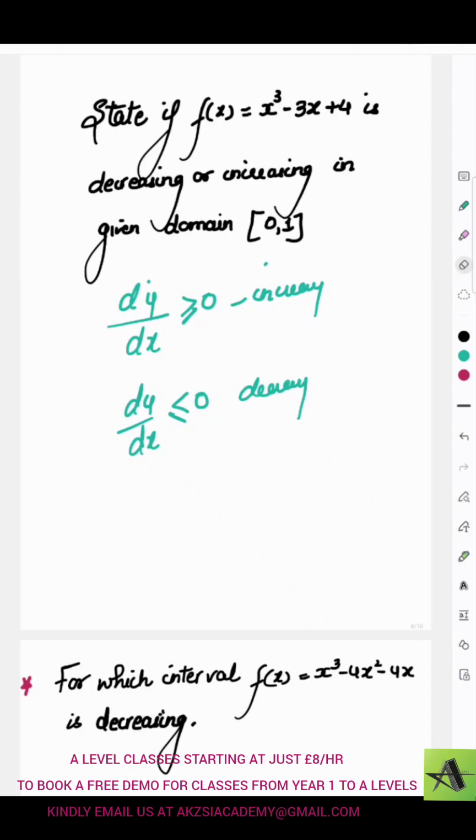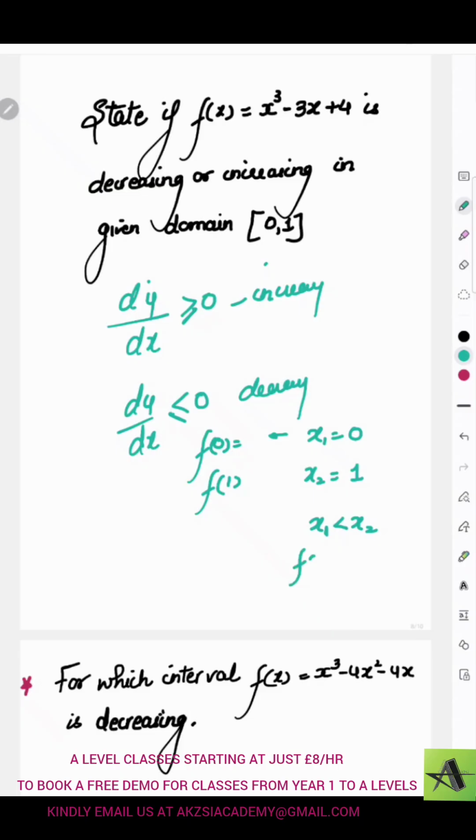And there's another definition. If I'm taking two values, x1 and x2, in this case x1 is 0 and x2 is 1. So when I'm calculating f of x1, that means f of 0, and f of x2, which is f of 1, we can clearly see x1 is smaller than x2.